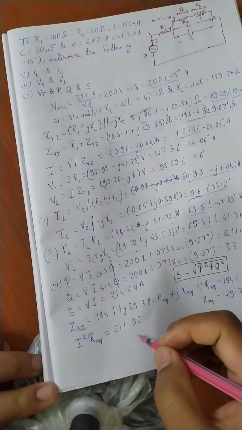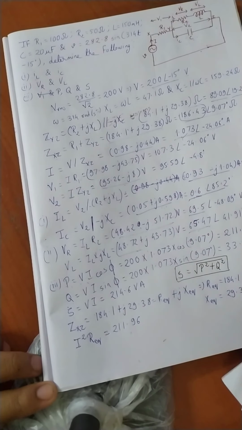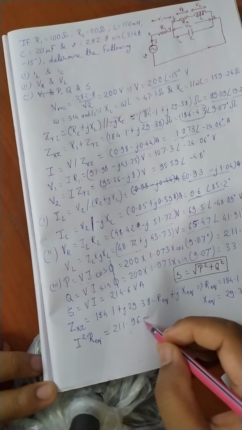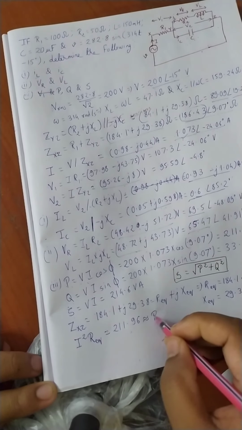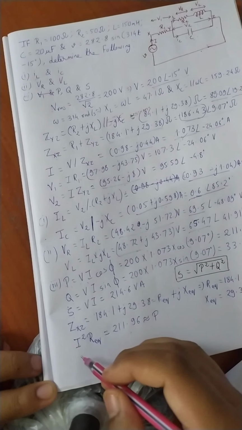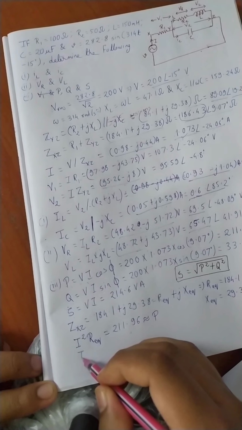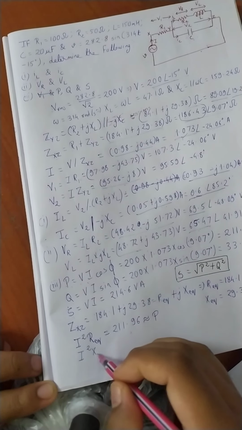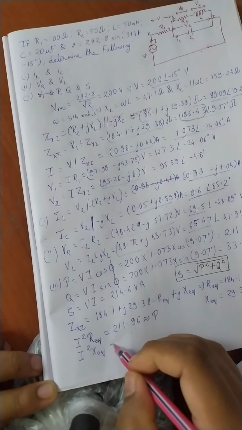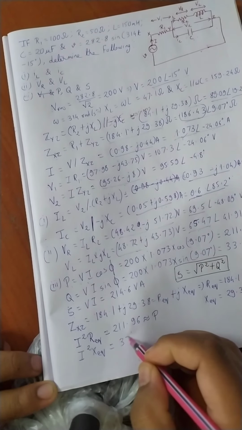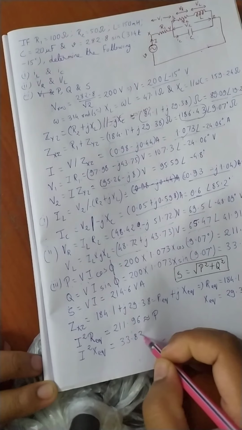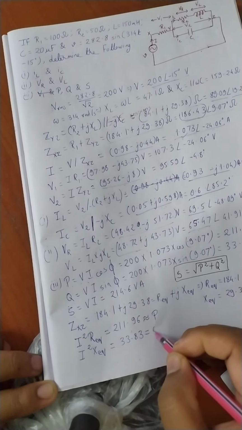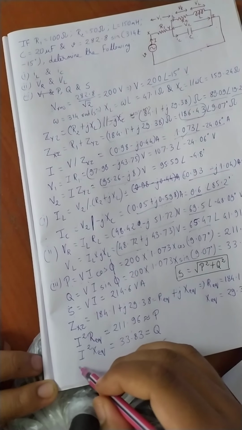If you could observe, this value is almost equal to that of P, that is the active power. Now similarly, if I am going to find out I square X equivalent, then we would be finding it to be 33.83, that is exactly equal to the reactive power.